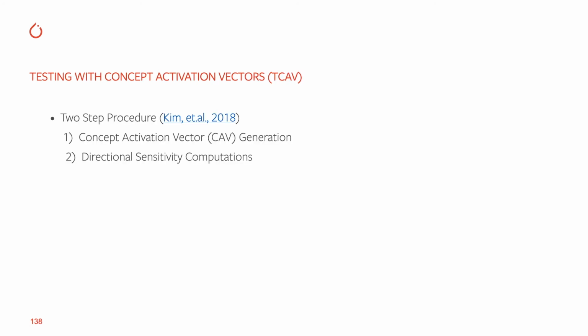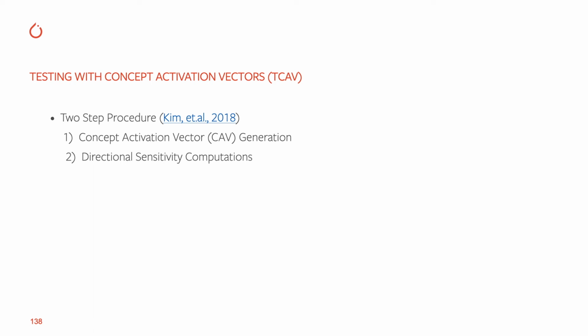Testing with concept activation vectors, TCAV, is an algorithm that belongs to the family of concept-based model interpretability approaches and can help us to solve this problem. TCAV helps us to test the sensitivity of different model layers to model prediction. The TCAV algorithm consists of two steps.